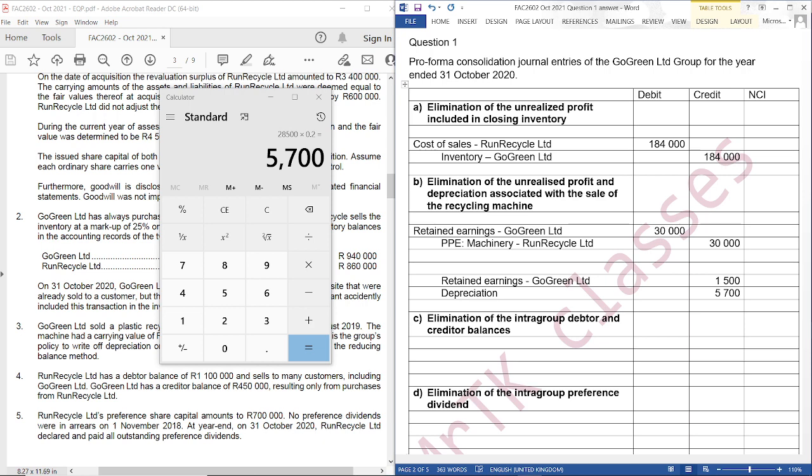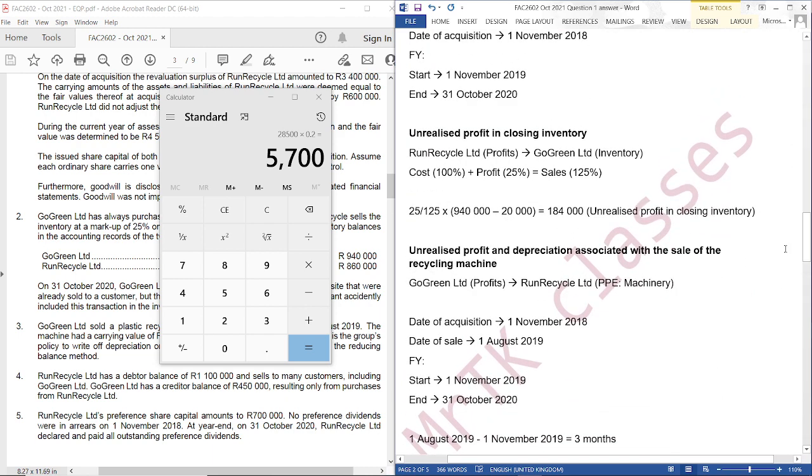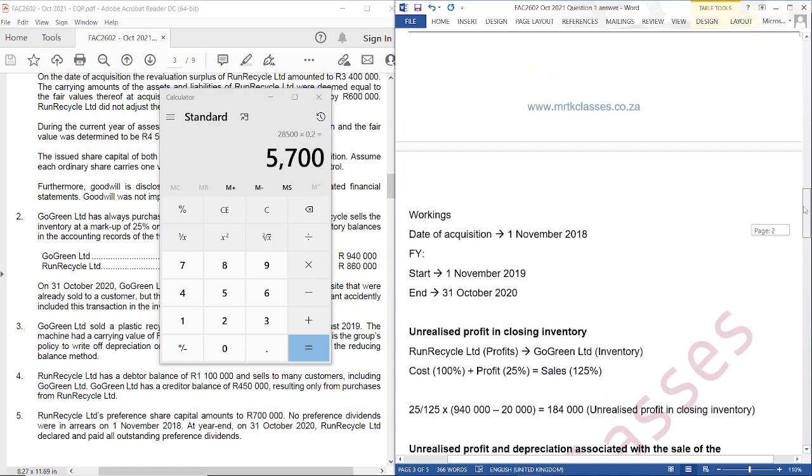Decreasing depreciation means decreasing an expense or decreasing expenses, right? So if you decrease your expenses, profit will increase. So we are actually increasing our profit, right? In the books of who? Of Go Green Limited. Alternatively, you can come and check here. Profits are in the books of Go Green Limited, right?